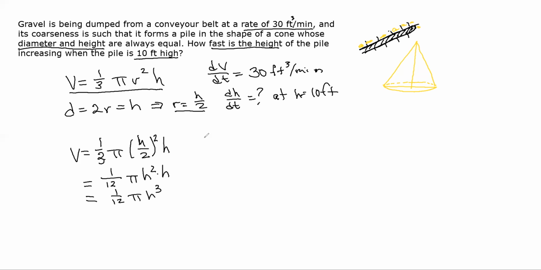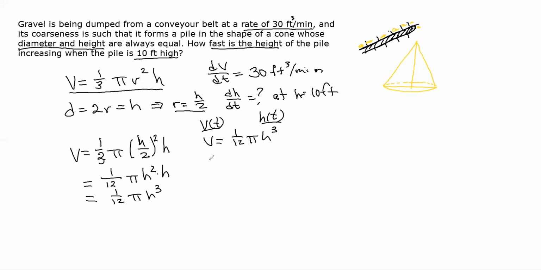So now we have this function for the volume all in terms of one other variable, h. Now, keep in mind that this V is actually a function of t, and so is our h. We want to derive both sides implicitly with respect to t.